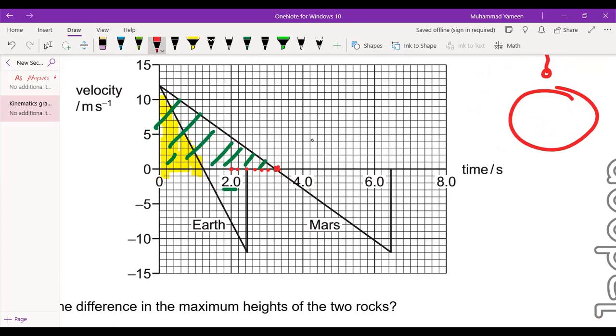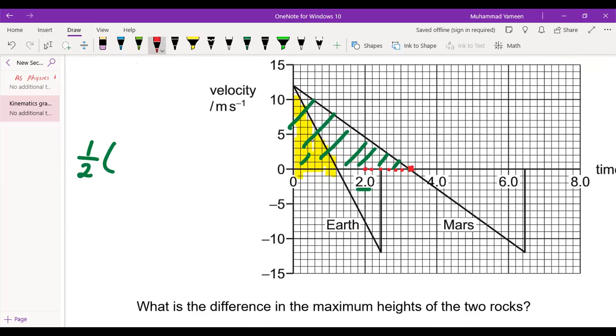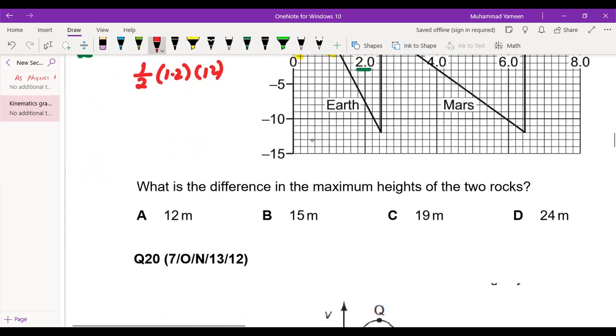So on the horizontal axis, it is 3.2, and on the vertical axis, it is 12. So that is the height reached on the Mars. Minus for Earth, the base is 1, 2, 3, 4, 5, 6. That is 1.2 times 12. If you find the difference of these two, you will get the correct answer as A. Okay.